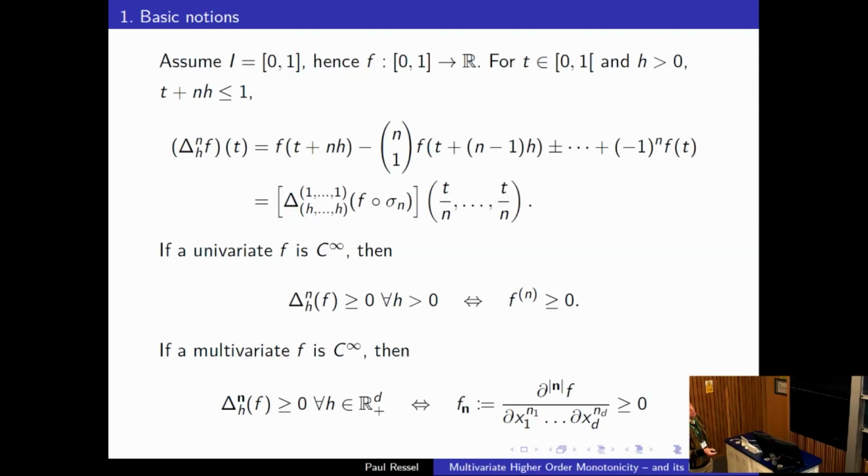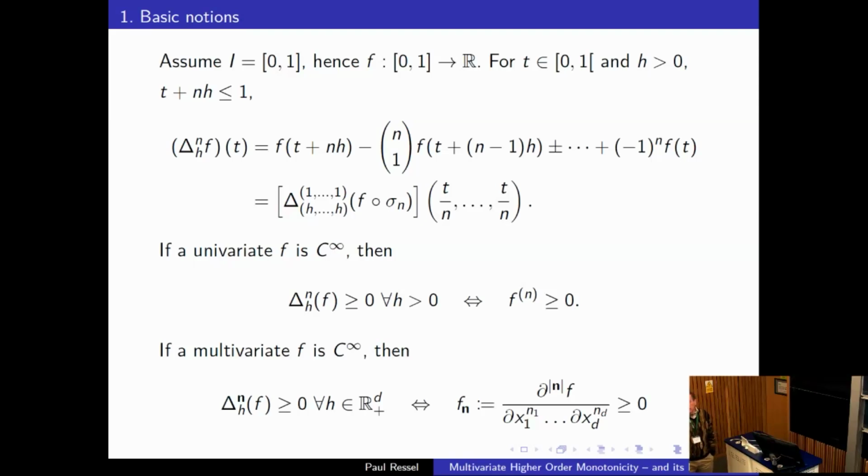At the very end, plus or minus f of t. And here we have already a connection with the sum function. It is this delta, as defined before, with the vector of only ones, and the vector here always the same component, f composed with the sum at the point t divided by n, and so on, at every place.